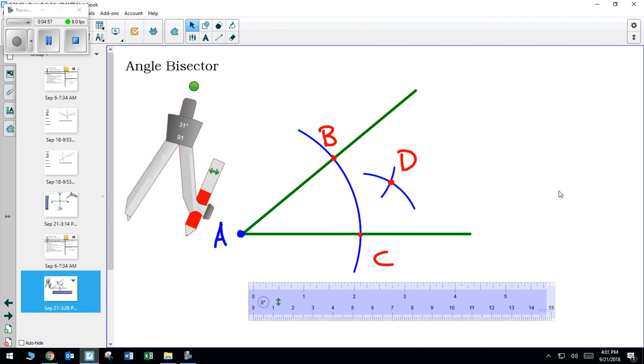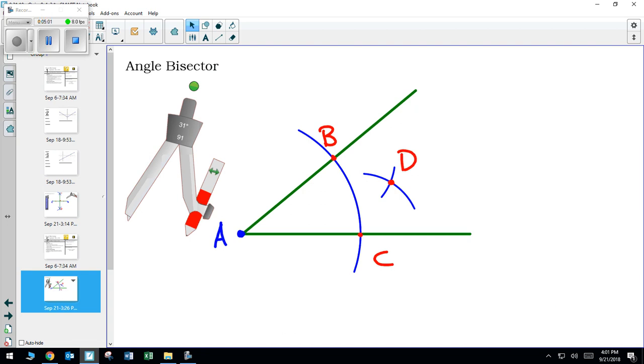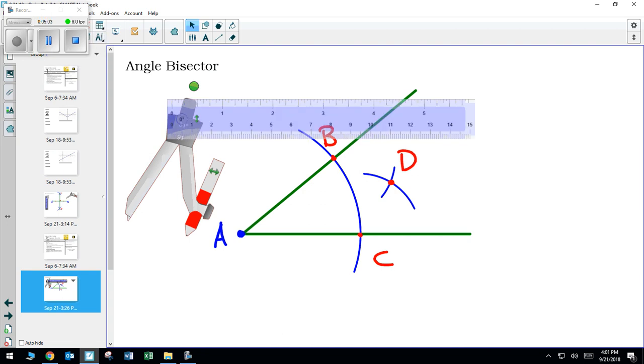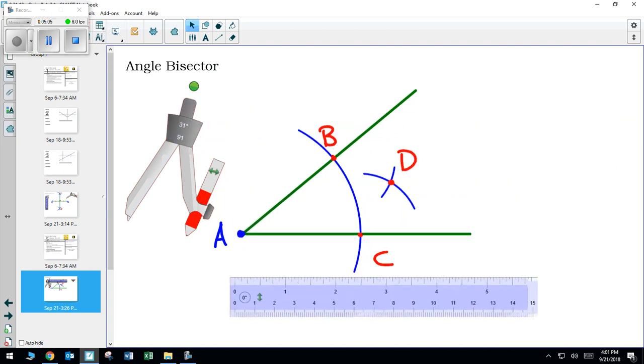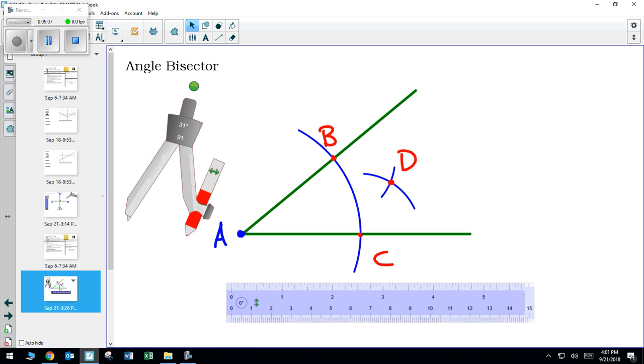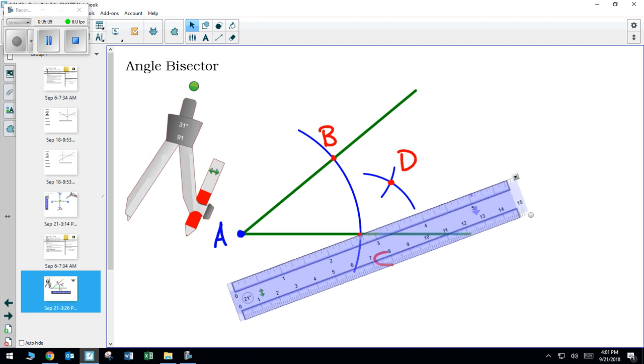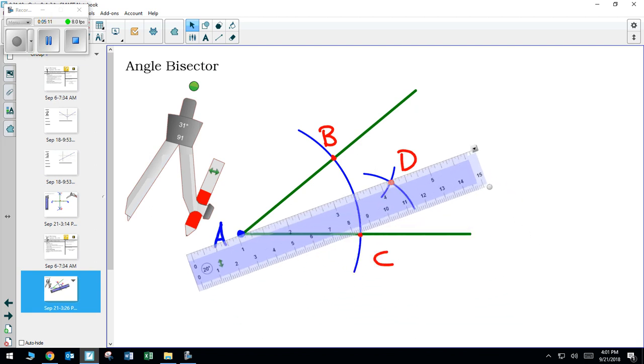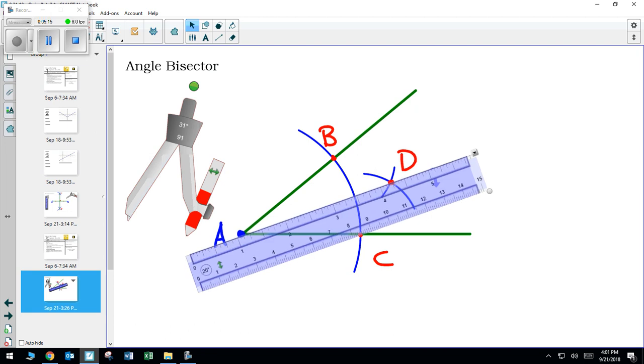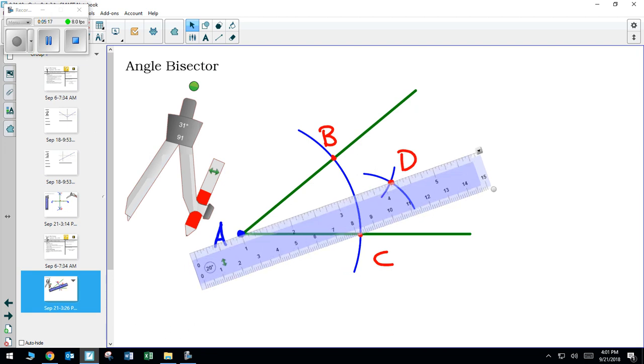Now, the next step is going to be to connect A and D. So with my straight edge, I'm going to connect those two lines, and we're going to get something like this.